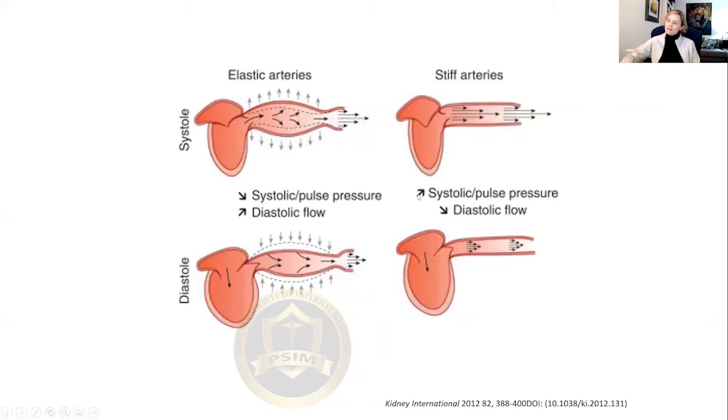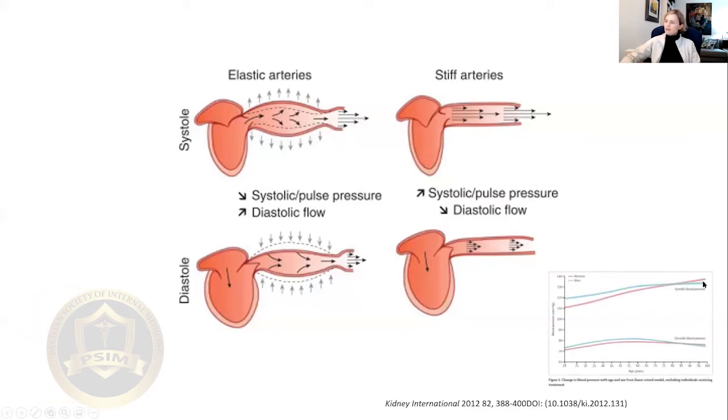You see an increase in systolic and pulse pressure. There's no elasticity for the blood to be part of the expansion, and during diastole you see a lower diastolic flow. That is what we typically see, as I've shown before in this graph, with increased age: an increase in systolic pressure and pulse pressure, and a lower diastolic flow.